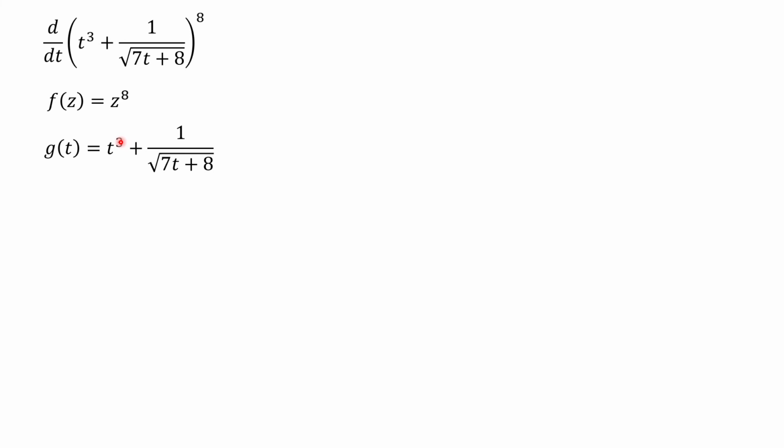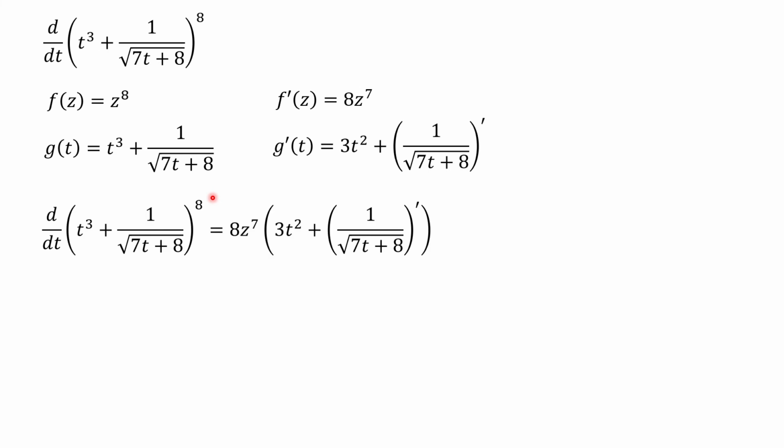Okay. So to calculate derivatives, I need to calculate derivatives. So this is what I'm going to get. Next, I want to multiply them together, and this is what I'm going to see. Now, again, we'll replace z with g of t, but there's one complication.